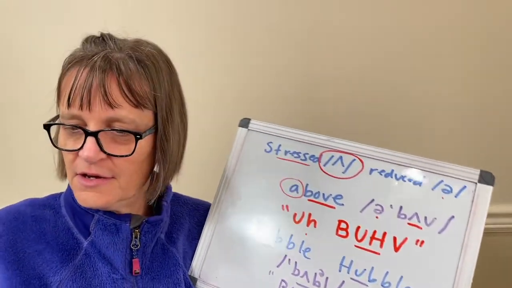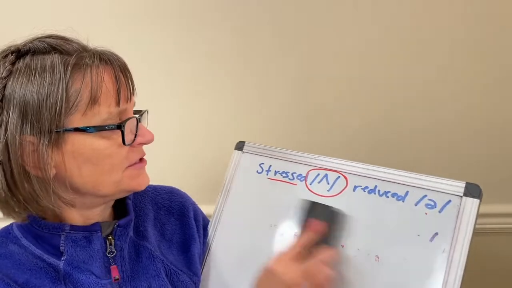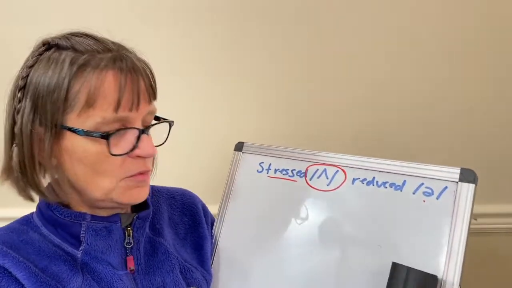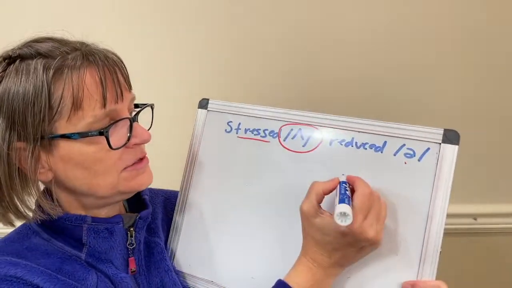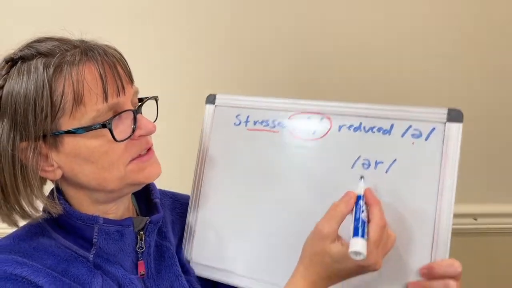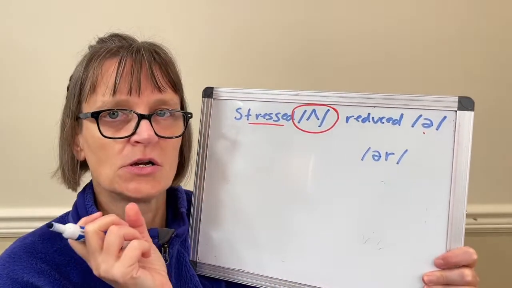And then one error pattern to watch out for when we're talking about these stressed and unstressed schwas is that we will sometimes see the schwa used, and I do this as well, before the R. And this is not an schwa and an R sound together. It's just the one sound.